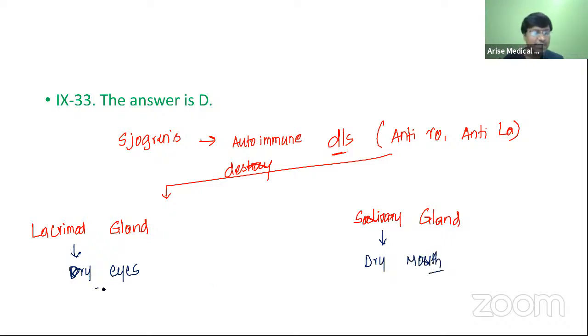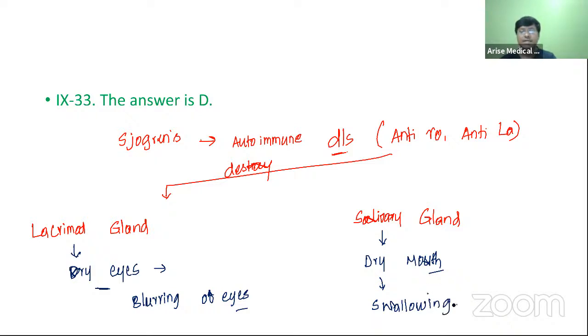Because of dry eyes, these individuals will have itching, burning and blurring of vision. And because there is dry mouth, there is difficulty in swallowing in these patients.